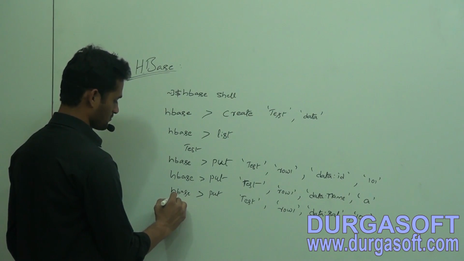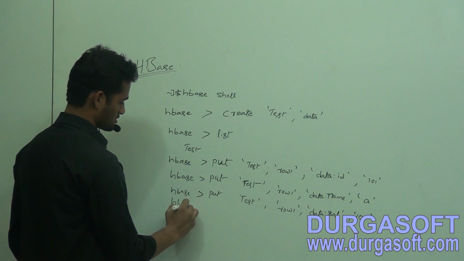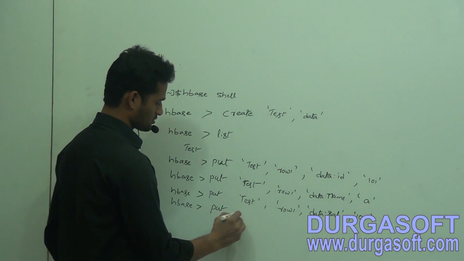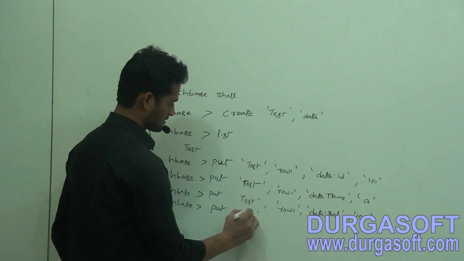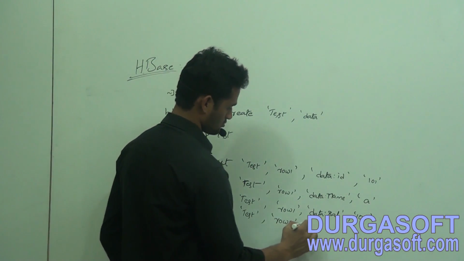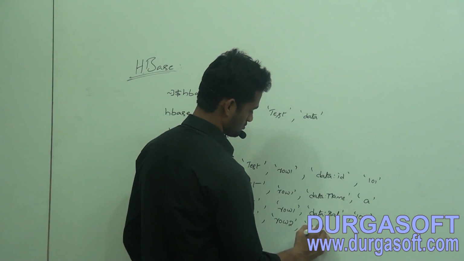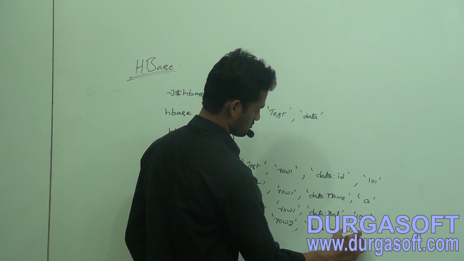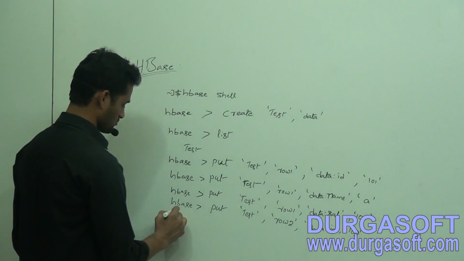Next, in the same way, HBase put, test, row 2, data colon id, 102.